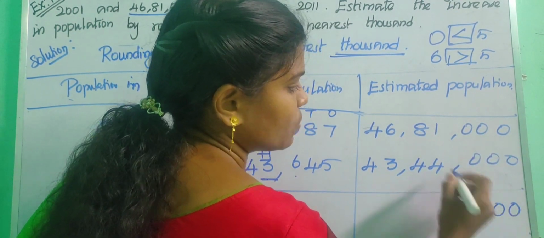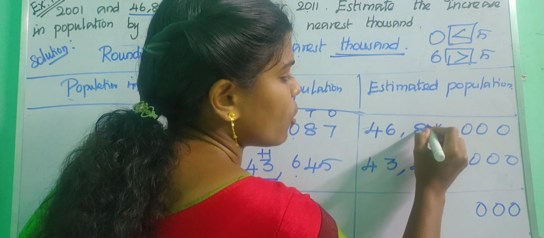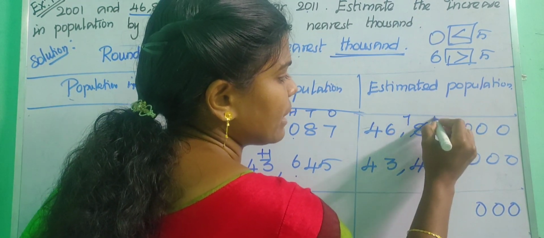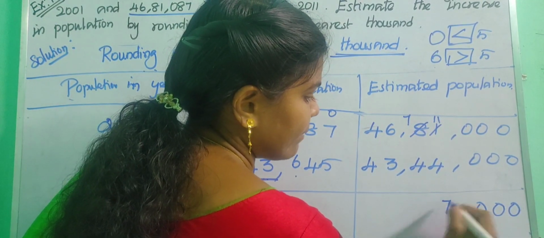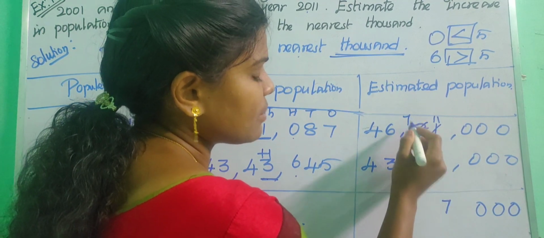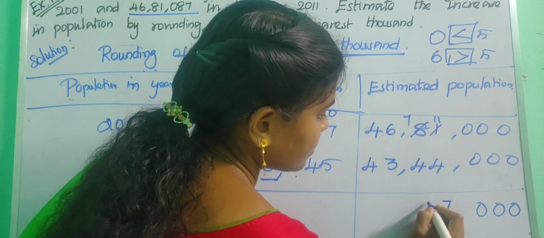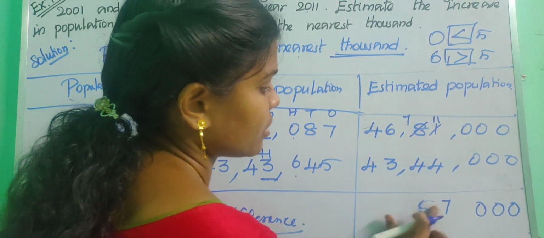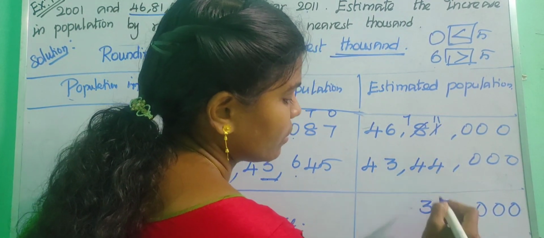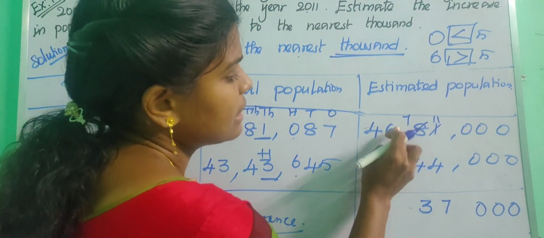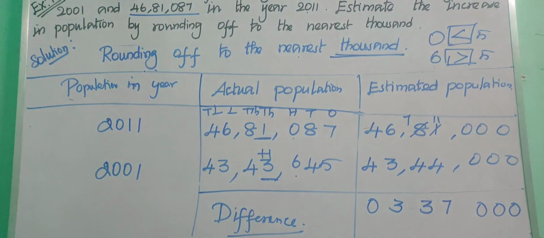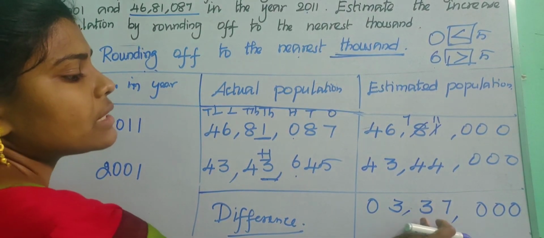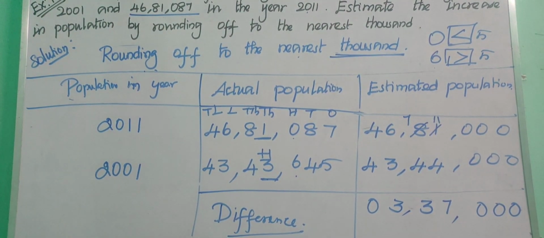And 0 minus 0, 0. 1 minus 4, we can't, so we borrow. This 8 becomes 7 and 1 becomes 11. So 11 minus 4 is 7. Then 7 minus 4, 3. 6 minus 3, we will get 3. And 4 minus 4, 0. So what is the estimated increase? 3,37,000. Okay children, copy this in your classwork notebook.